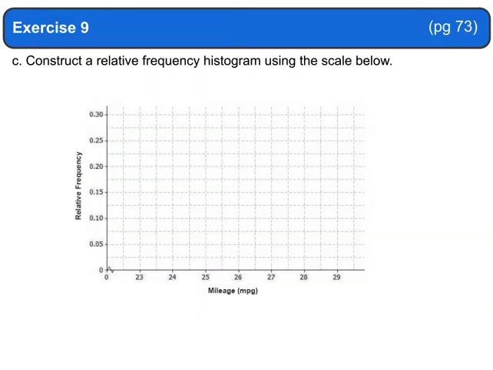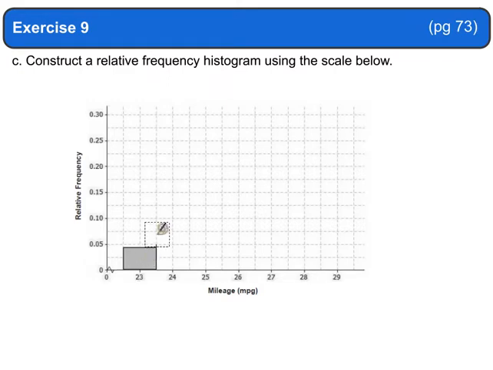In letter C, they ask us to construct that relative frequency chart. The first one was 0.04, so this would be a bar that would look like that.